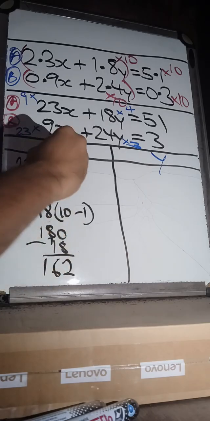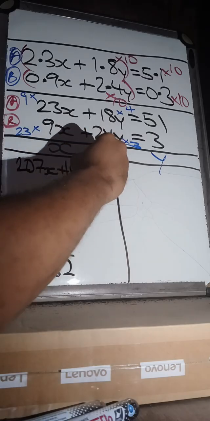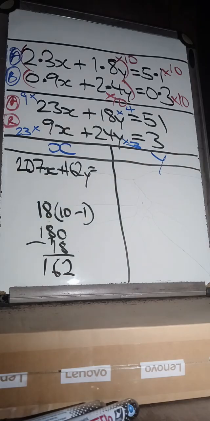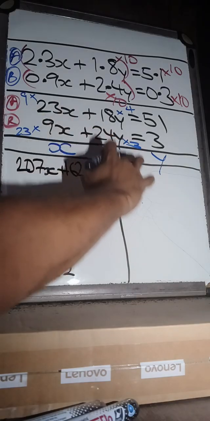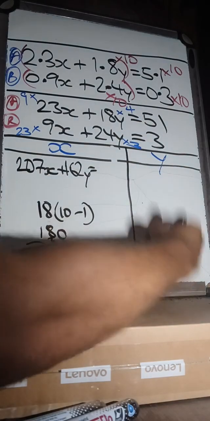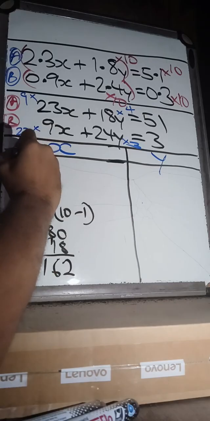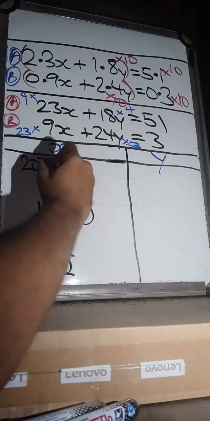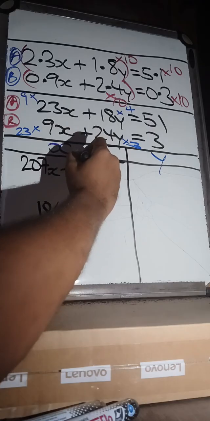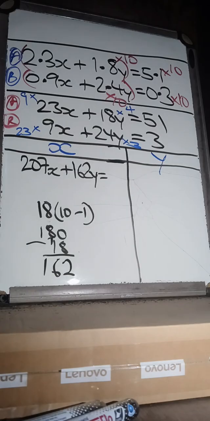Alright, so that will be plus 162y equal, what is it? You know, listen, let me move it over a little bit. I'll give myself some more space, yeah? So 207x plus 162y equal what? 51 times 9?